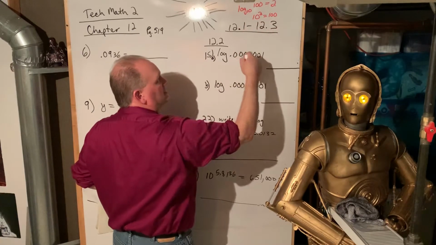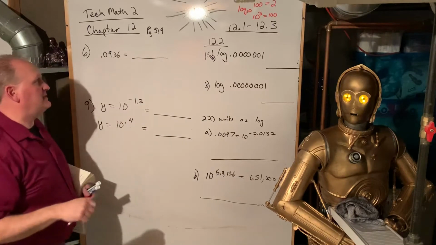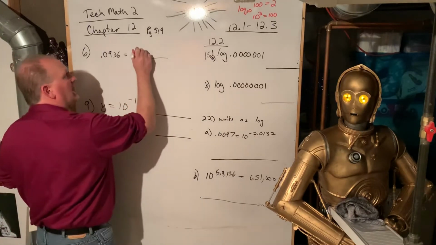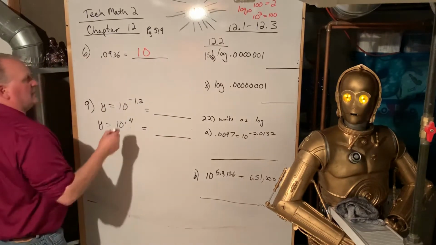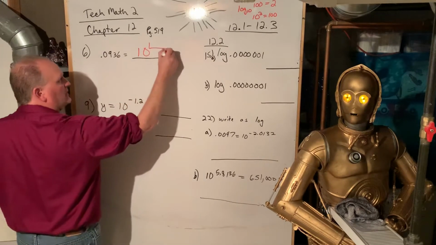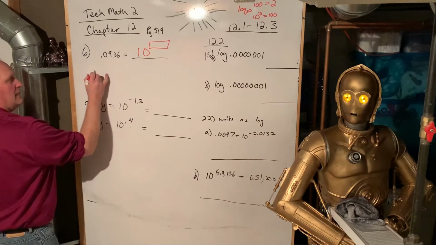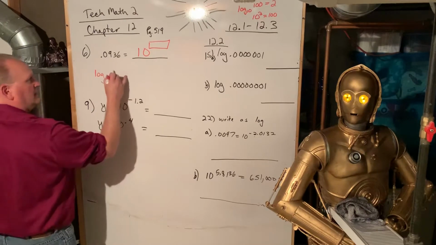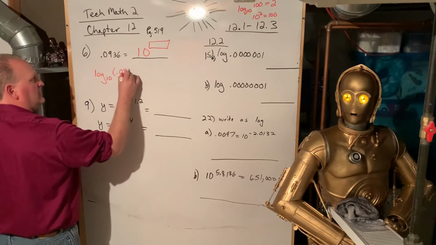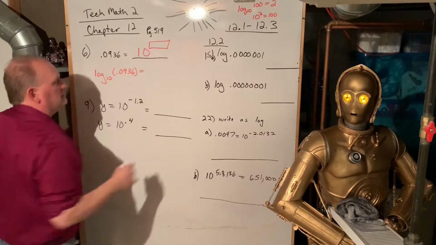The answer is 2. So when they say write this as 10 to some power, we have to look at what they're asking. They want the power, and that's what's missing here. So log base 10 of 0.0936 would equal the power that you need.